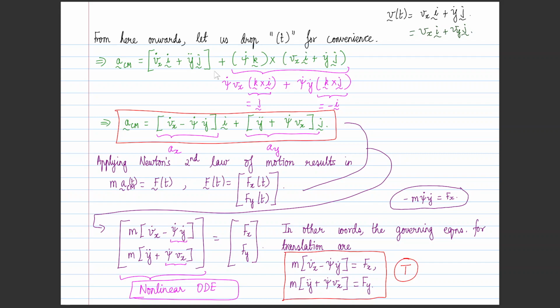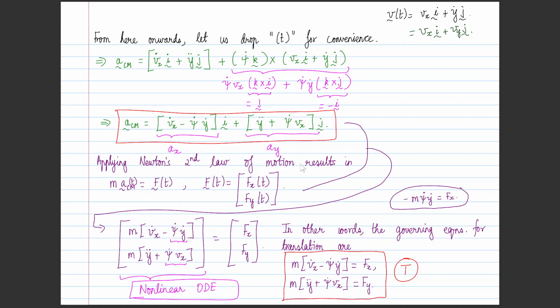So we are dropping t for convenience, and if we take a look at a at the center of mass, we'll get the expression for ax as vx dot minus psi dot into y dot, and ay as y double dot plus psi dot into vx.